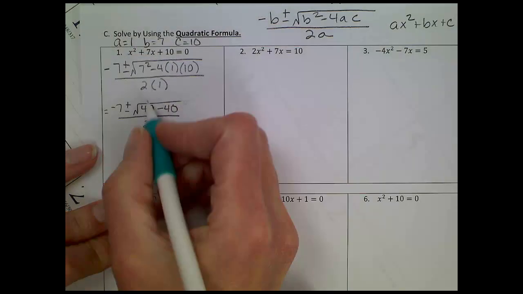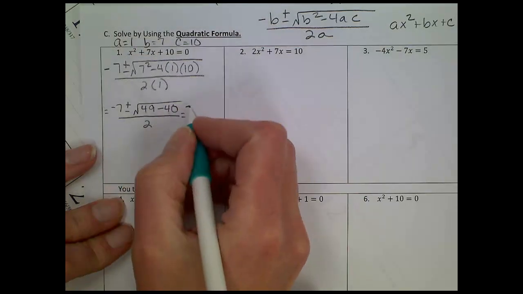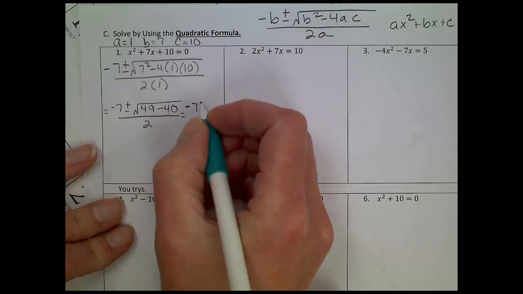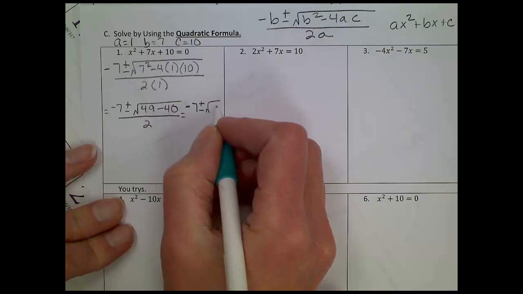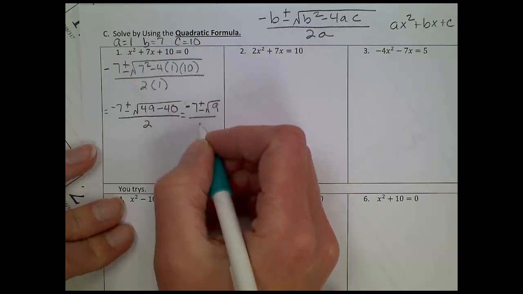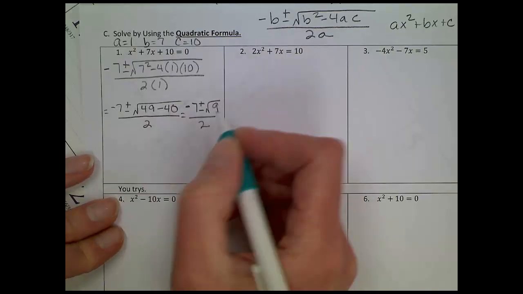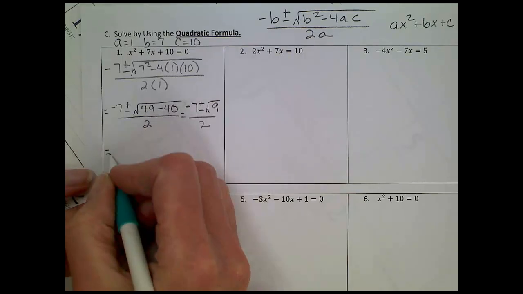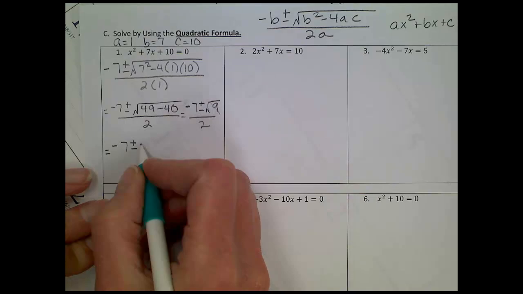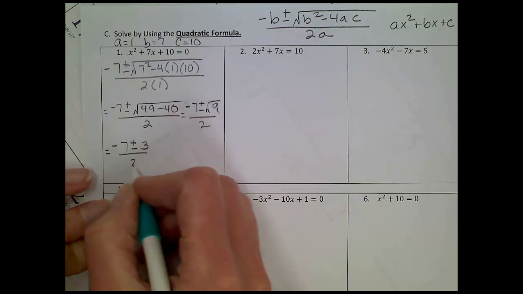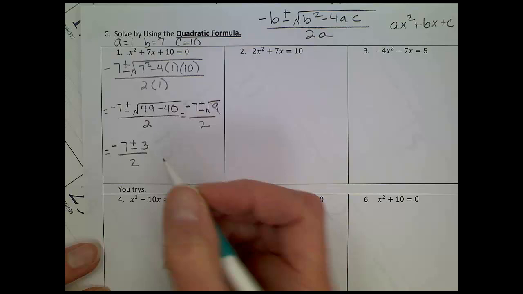Okay, we can take this a little bit further. Still looking at what's on the inside of your radical, you'll get, bring the negative 7 over, plus minus 49 minus 40 is 9. Thankfully it's a perfect square, so it'll make the math easier. Bringing it down one more time, we'll have negative 7 plus minus the square root of 9 is 3, all over 2. Now here's where we have to split it up into two separate problems.